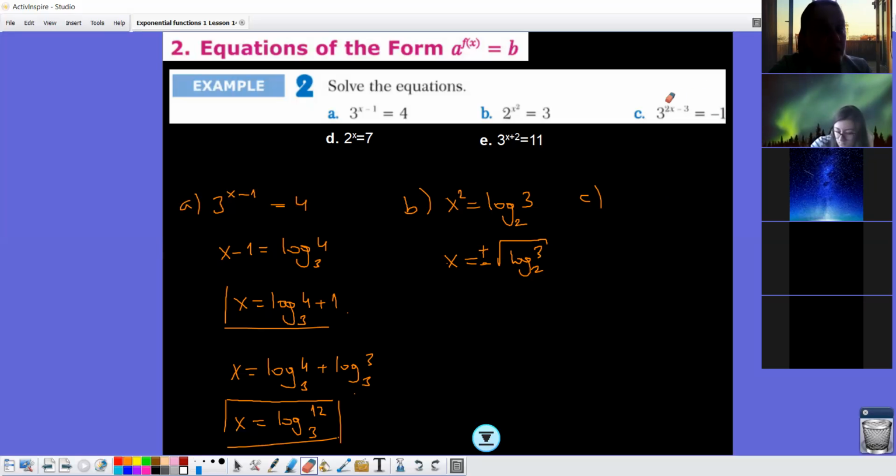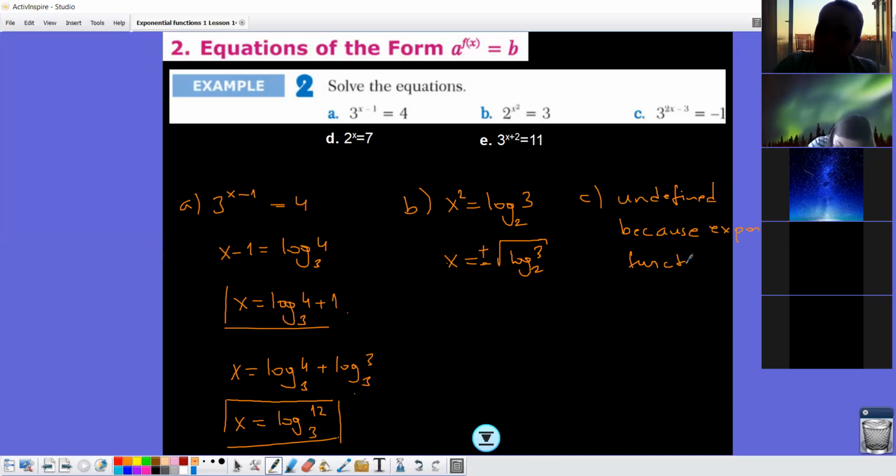Okay? So this one is undefined. C is undefined because an exponential function cannot be negative. So, teacher, if the result is negative, it's undefined. Yes. Sure, can we solve this with complex numbers or not?